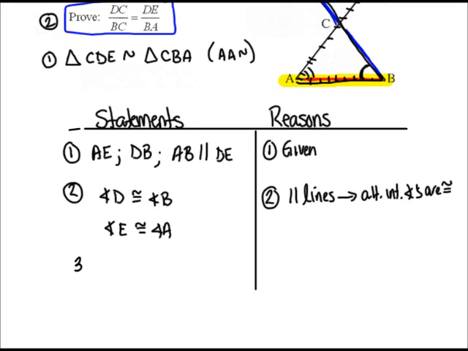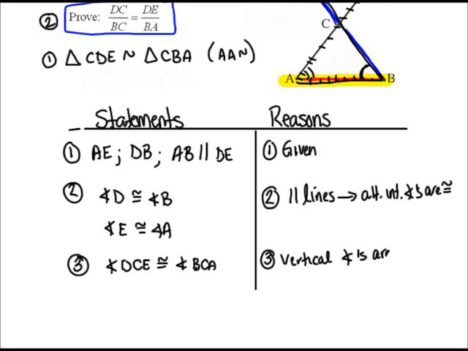However, if you only proved one of those alternate interior angles, you might have also needed that angle DCE was congruent to angle BCA using vertical angles are congruent.